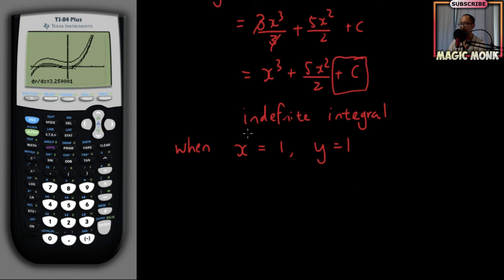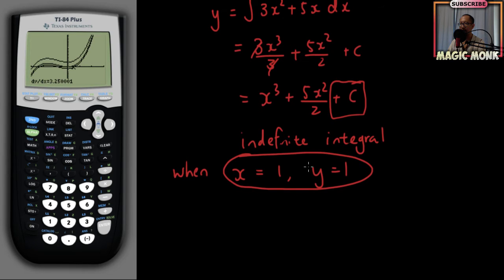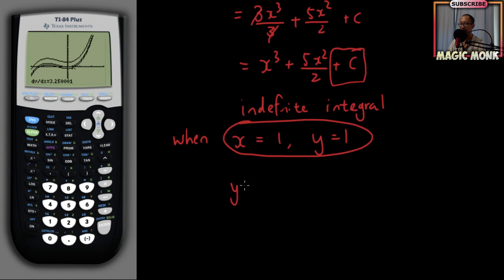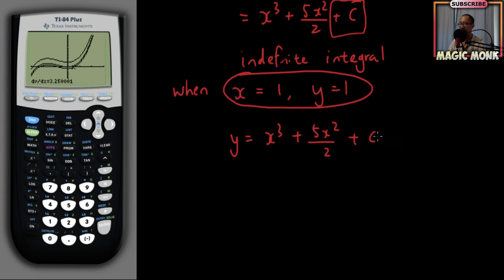If this is included in the question, then we can find out which exact line it is. So then we can go y equals x cubed plus 5x squared over 2 plus c, and then you can keep going to find out what c is.